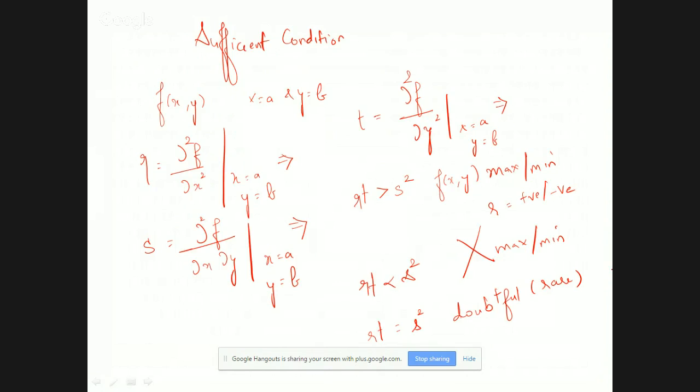Now, I told you this maxima or minima in this case is going to depend upon the value of r. Let me tell you now under what condition it will have maxima and under what condition it will have minima.